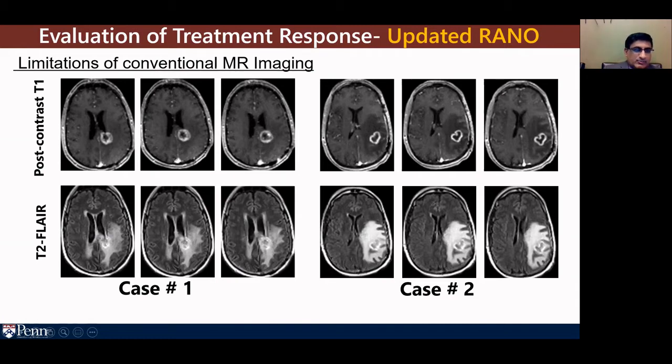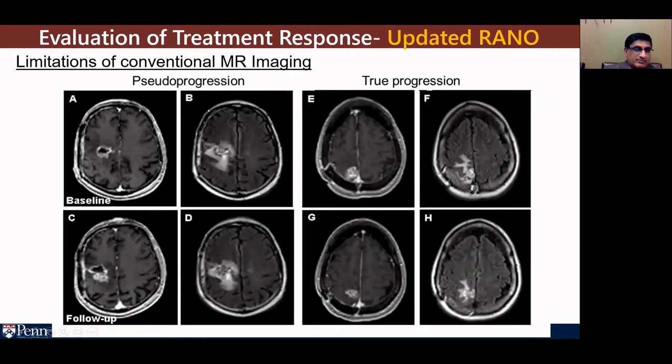On the post-contrast T1-weighted images, the lesion size is approximately similar, and both show ring enhancement. On the T2-FLAIR images, you can see there is profound vasogenic edema. Both cases show a similar pattern of contrast enhancement and a similar extent of vasogenic edema, so it's very hard to differentiate which case is which, whether this case is TP or PSP, or this case is TP or PSP.